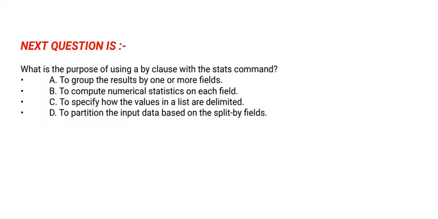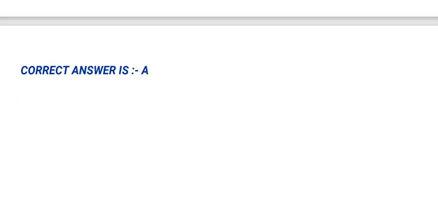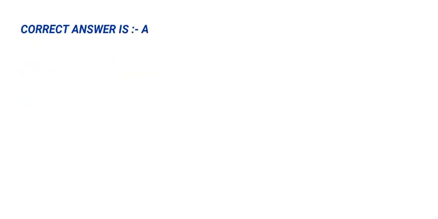Option C, to specify how the values in a list are delimited. And option D, to partition the input data based on the split-by fields. The correct option is option A.